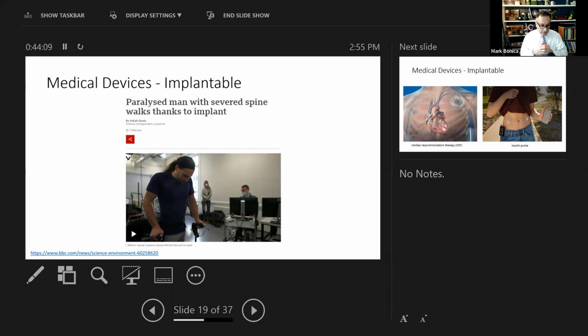This was from 2 years ago, I think, where we had implanted a device that allowed the man's own nervous system to communicate with his legs, and he was able to walk with crutches, but he had a severed spine, right? So he should never have walked again. So these are things that are starting to happen, right? We've got a long way to go before this is common, but the possibilities are just amazing.